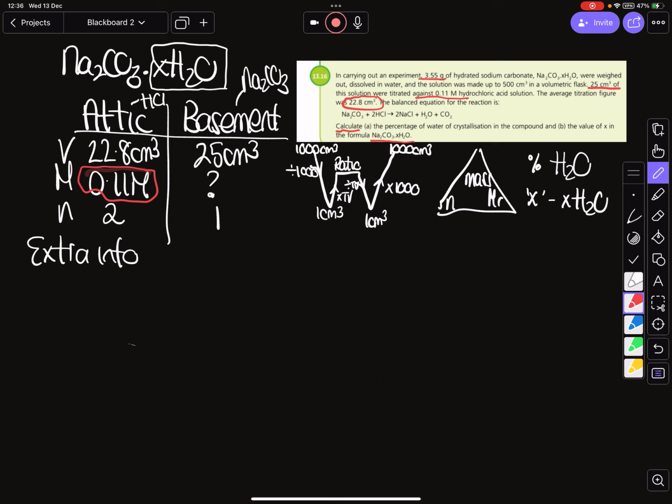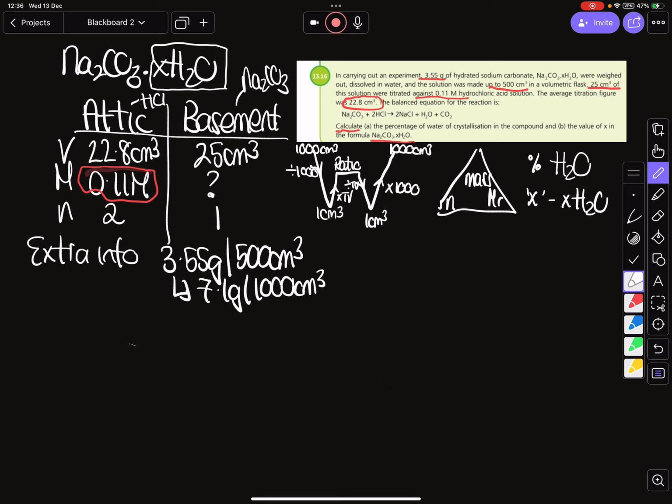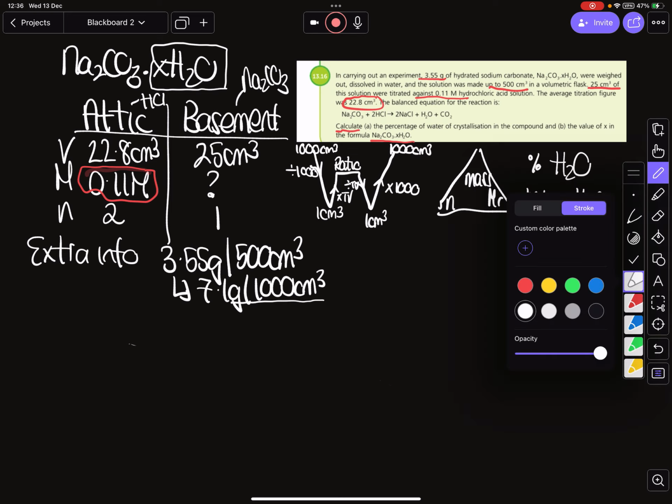If we read through the question up here, we have 3.55 grams, and that's made into 500 centimetres cubed. So personally, I would take the 3.55 in 500 centimetres cubed, and straight away bring that up to grams per litre. The reason I am doing that is because I'm going to be using this number to compare against my titration data, and the titration value is always going to be in grams per 1,000 centimetres cubed.